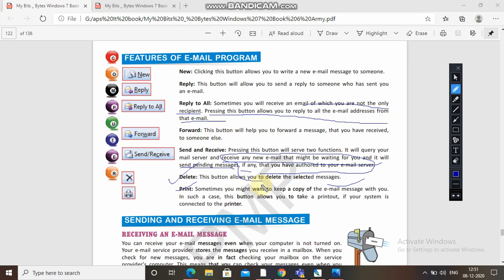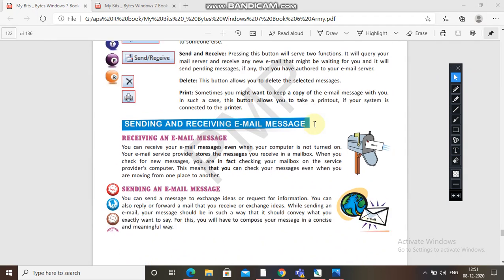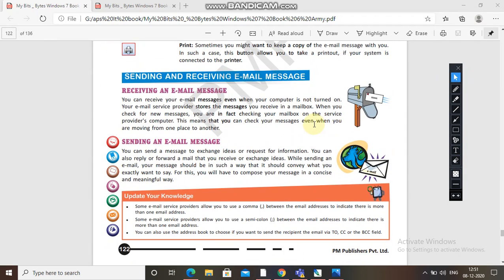Now sending and receiving email message. The other topic. Receiving an email message. You can receive your email message even when your computer is not turned on.